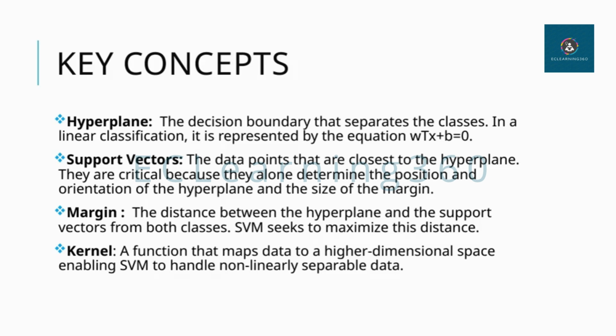By doing so, kernels enable us to find a separating hyperplane even when the data is more complex. All these concepts, hyperplane, support vectors, margin, and kernel, are interconnected. Together, they help us understand how SVMs can effectively classify data, even in challenging scenarios.